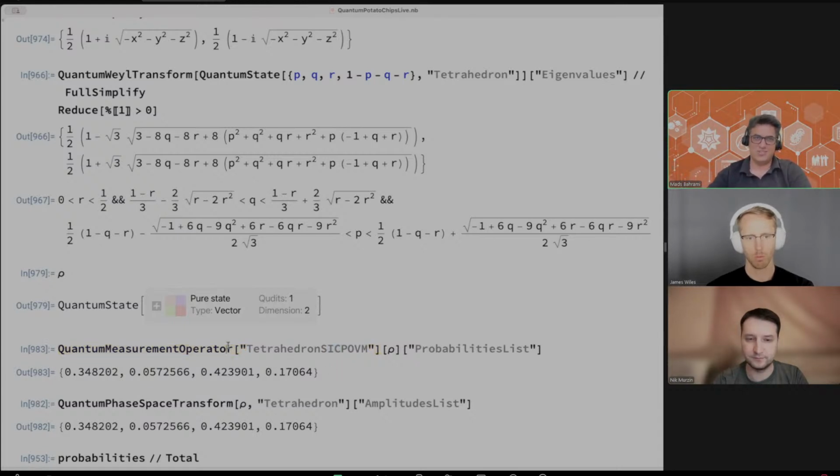If you impose a condition, you can say it's d squared minus 1, but let's not impose that condition for now. Then you can add other features. You can look for some very specific ones with interesting features for optimal calculation. You can ask them to be symmetric, and that's the story of that S. Using our friend Chris Fuchs' SIC POVM, the way to pronounce it is SEEK, so SIC POVM.